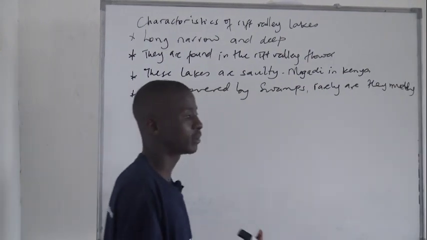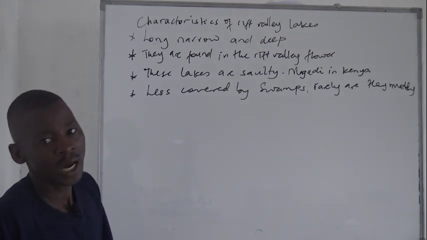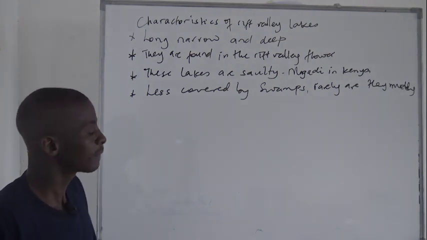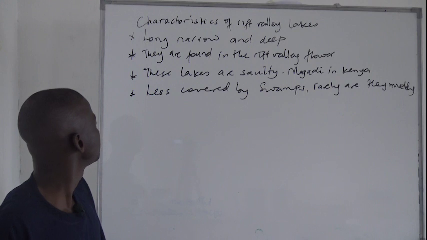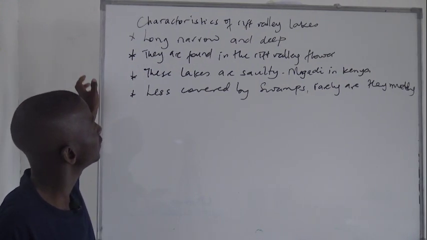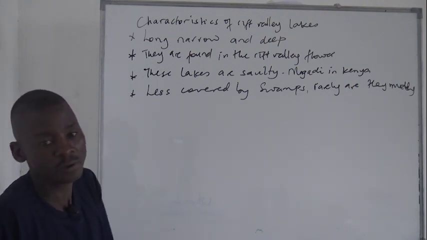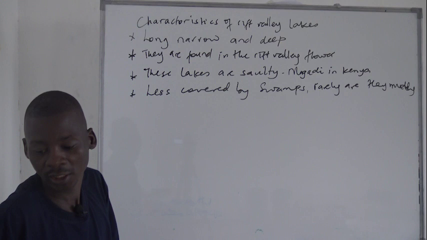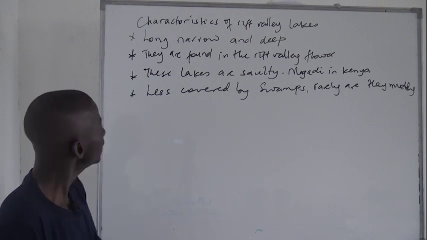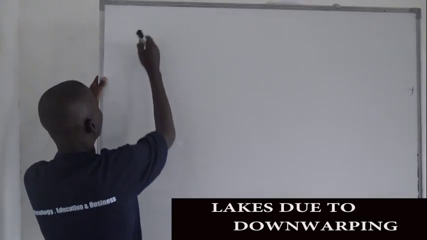They are rarely muddy because they are usually found deep, and the water rarely gets stagnant. So that is how we can explain these Rift Valley lakes. Most of the Rift Valley lakes in East Africa are formed by this process, as I've already explained. Let us look at the type of lake number 2.